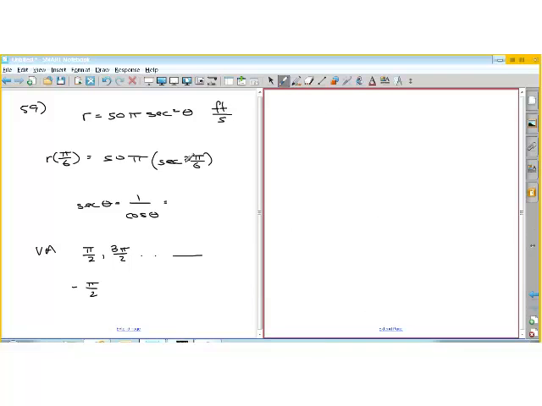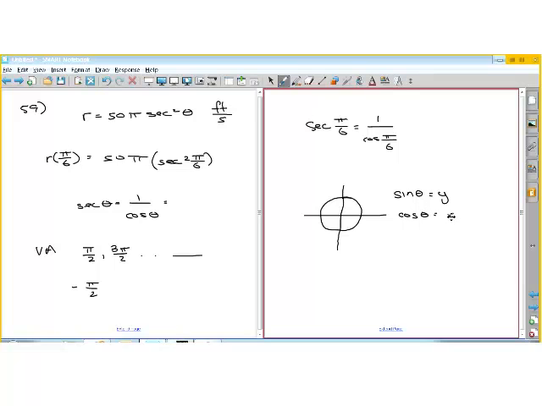So all I have to do is find the secant at pi over 6. Of course, that's not something you memorize, but the secant at pi over 6 is equal to 1 over the cosine of pi over 6. And that you may remember. How do we remember it? We draw the unit circle. The sine of theta is equal to the y-coordinate on the unit circle, and the cosine of theta is equal to the x-coordinate.